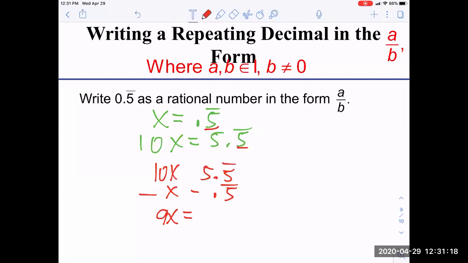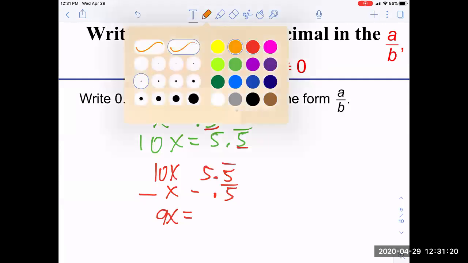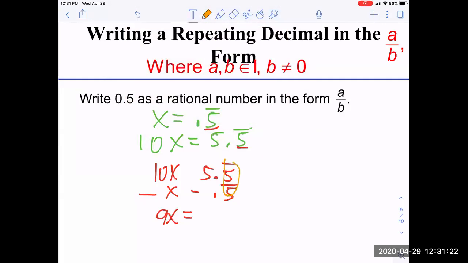This is why you line up the repetend with the decimal, because when I subtract that, it's gone. So 9x equals 5. I'm going to solve for x. It's 5 over 9. Hit that on your calculator, and you get 0.5 repeating.